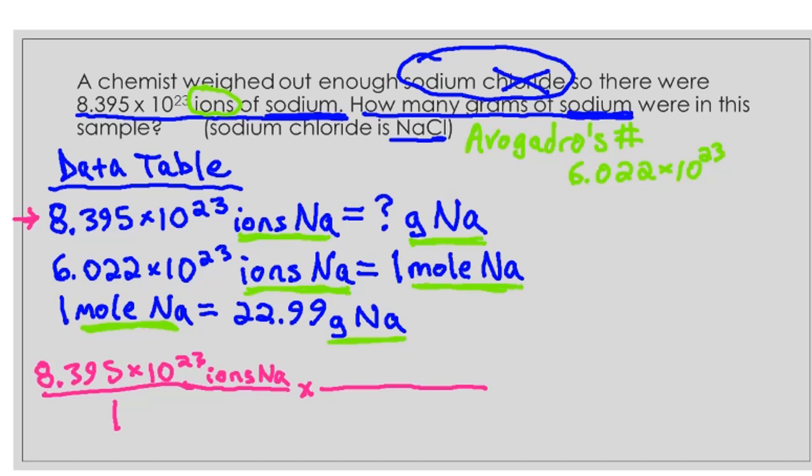Now our unit of measurement we have up top here is ions of sodium, so we're going to write that down here on the bottom, ions of sodium. And we're going to look up at our data table and find another mention of ions of sodium, which is this next line right here. 6.022 times 10 to the 23rd ions of sodium.